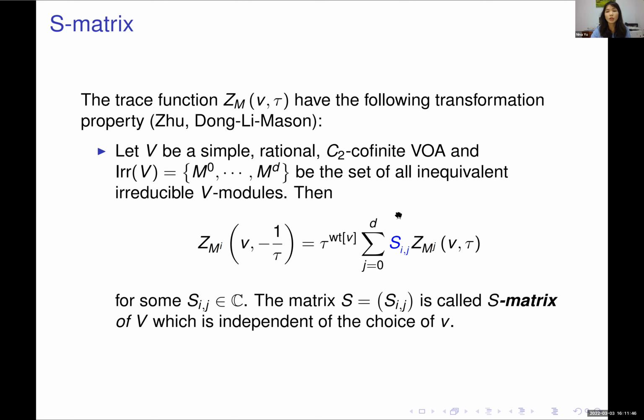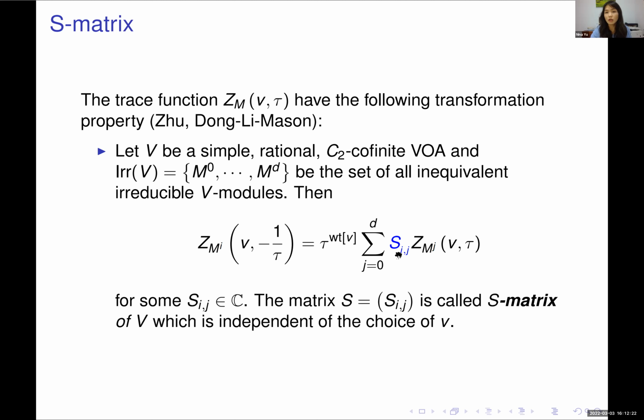Now I can give you the definition of the S matrix. It was proved in Zhu and Dong-Li-Mason's papers that the trace functions satisfy the following transformation property. We still assume that V is simple, rational, C2 cofinite, and we denote all the irreducible V modules by M0 to Md. Then the transformation of this kind of trace function can be written as a linear combination of the trace functions of the irreducible modules here.